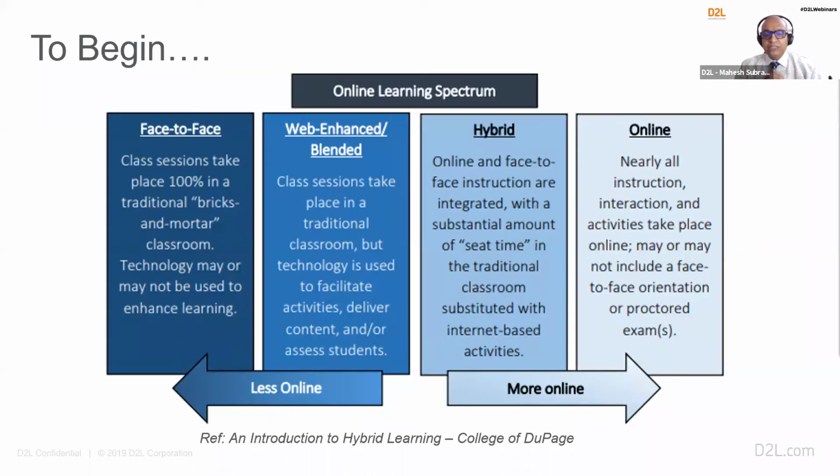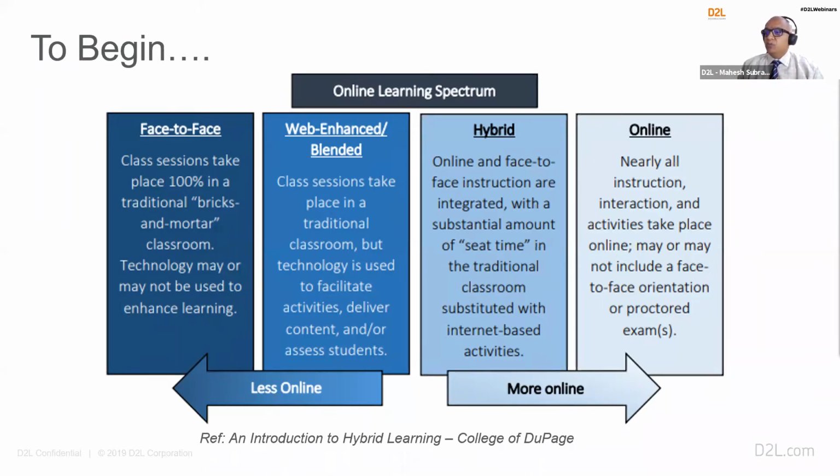Now, there are some places where even in a brick and mortar situation, you may be using a little bit of technology in the classroom, but the next step was typically going online. You deliver content to supplement learning in the classroom. And now we have come to a place where we have online learning, more and more online learning that's happening in our institutions today.